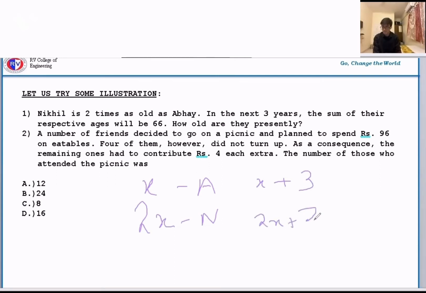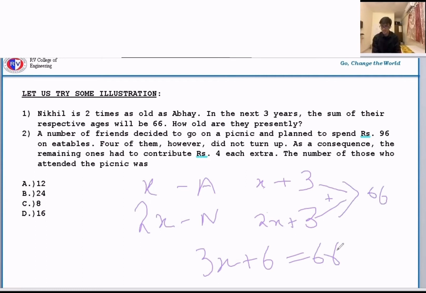and their sum is basically equal to 66. So basically the final equation we'll be getting is 3x plus 6 is equal to 66, as x plus 2x will be 3x and 3 plus 3 will be 6.